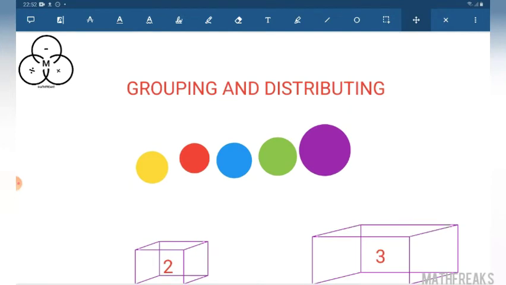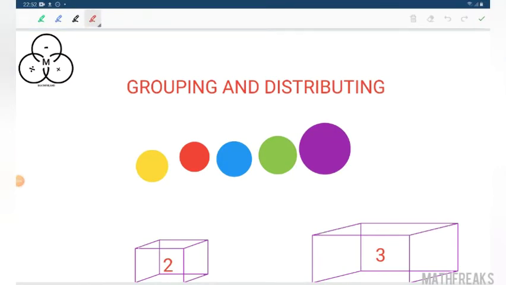Grouping and distributing. There are 5 different balls, as we can see, and 2 boxes.